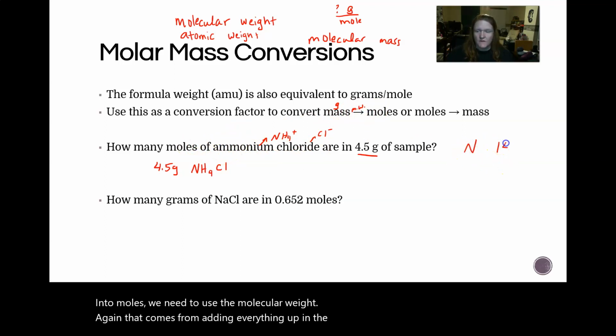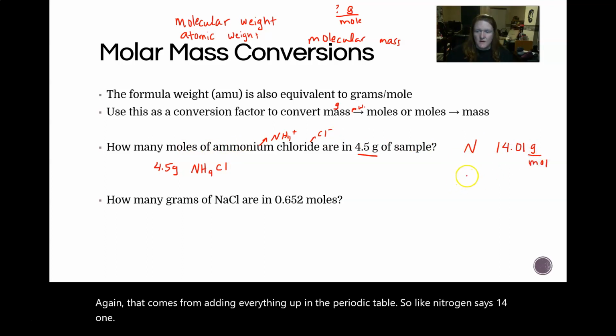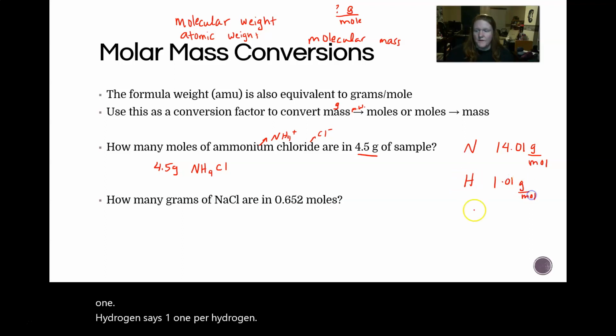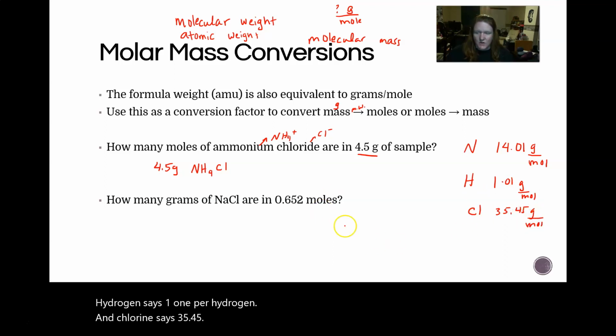So like nitrogen says 14.01. Hydrogen says 1.01 per hydrogen. And chlorine says 35.45. So we just add them all up. Don't forget to multiply by 4 for the hydrogen.